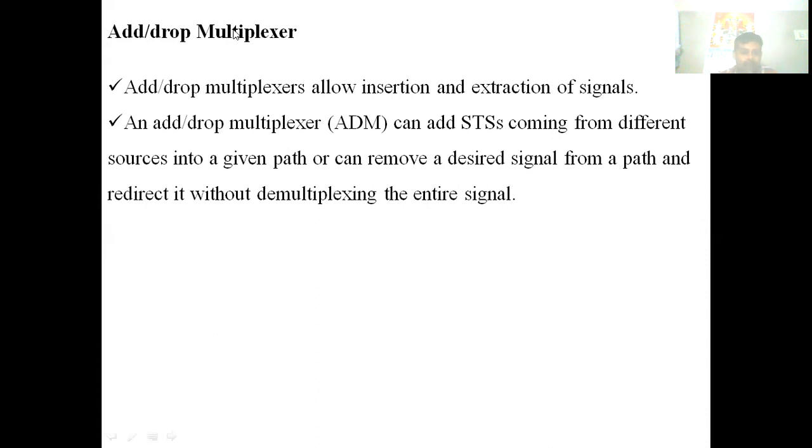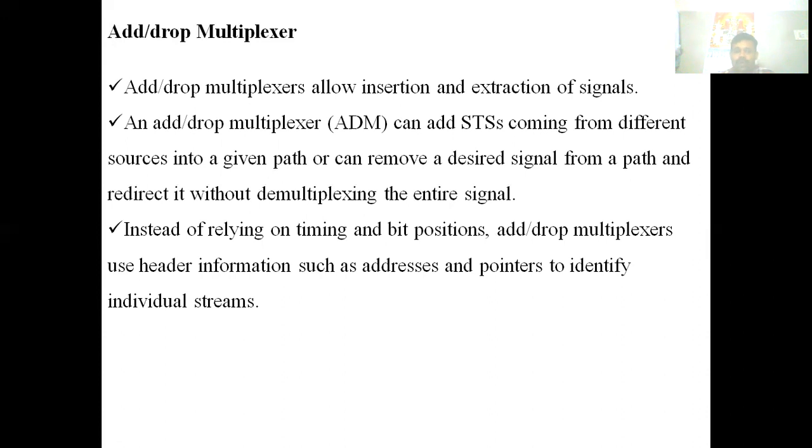An add-drop multiplexer can add STS signals coming from different sources into a given path, or it can remove a desired signal from a path and redirect it without demultiplexing the entire signal. Instead of relying on bit positions and timing, it will use the header information.